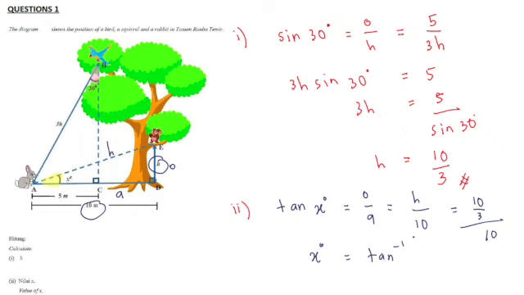To find x, I need to bring inverse tangent to the right. So x degree equals inverse tangent 1 over 3. You just push it in your calculator. The answer is 18.43 degree.